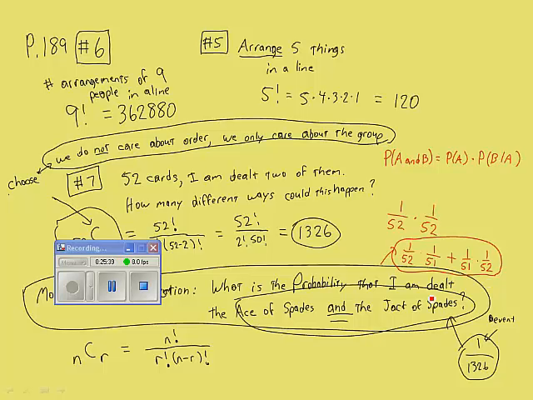Well, okay. Jim tried to do it by saying, look, there's a 1 in 52 chance that I get the ace of spades and a 1 in 51 chance that I get the jack of spades. Because he corrected his first error. He said, well, and if that happens, I'm a winner. But that didn't get him the right answer. Because he's also a winner if he gets the jack of spades first, which is a 1 out of 52 chance, and the ace of spades second. See, this has to do with what Kate and I were talking about. We were talking about, does the order matter here?